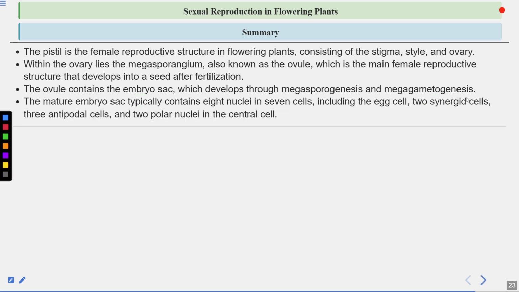The mature embryo sac typically contains 8 nuclei in 7 cells, including the egg cell and the 2 synergid cells, which unitedly are called the egg apparatus, the 3 antipodal cells, and 2 polar nuclei in the central cell.